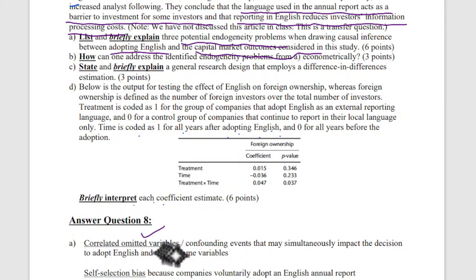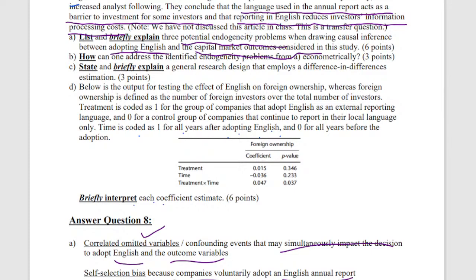So correlated omitted variable bias may simultaneously impact the decision to adopt English and the outcome variables. There may be some events related to adopting English as the language in the annual report, or some other related variables which have been omitted.